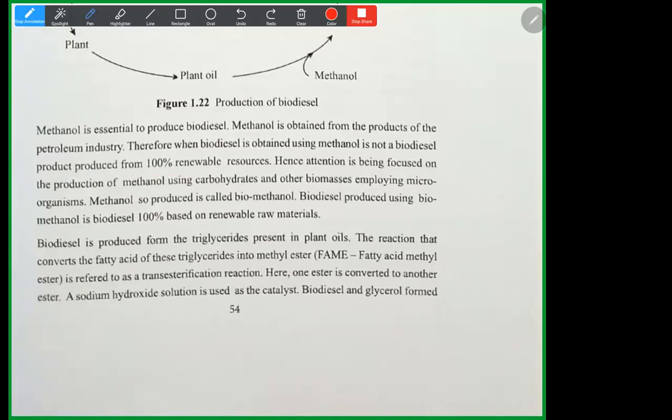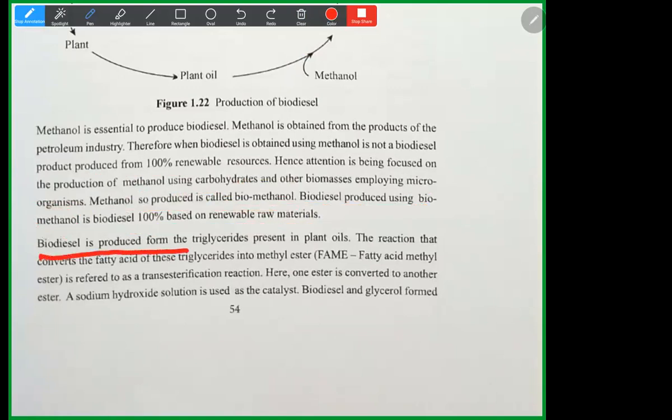Hence, attention is being focused on the production of methanol using carbohydrates and other biomasses employing microorganisms. If we can get methanol from biomass, that's 100% biodiesel. Methanol so produced is called biomethanol. Biodiesel produced using biomethanol is biodiesel based 100% on renewable raw materials.